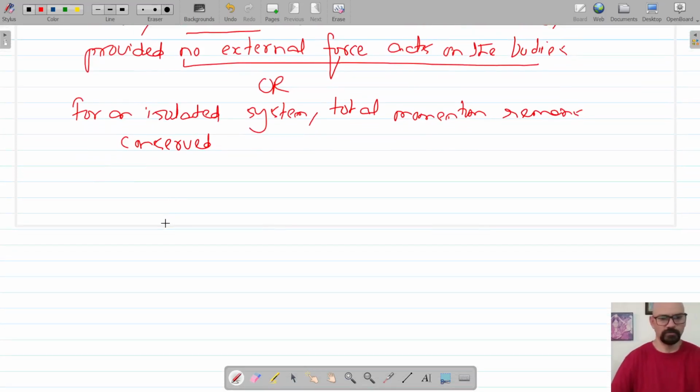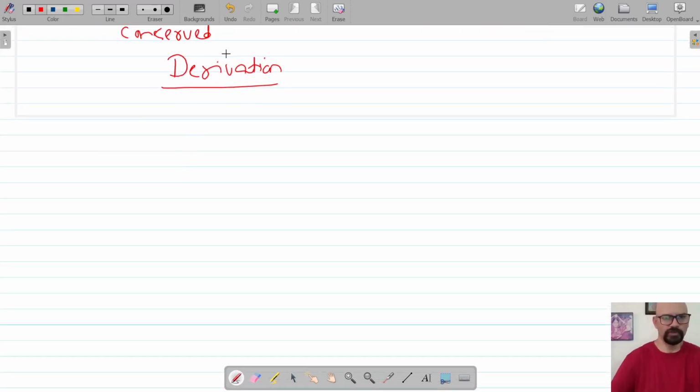Let's try to prove how the total momentum of the system of two or more bodies remains conserved. Let's say there are two objects A and B, and we are about to derive the law of conservation of momentum. This is object A and this is object B, and they interact with each other.